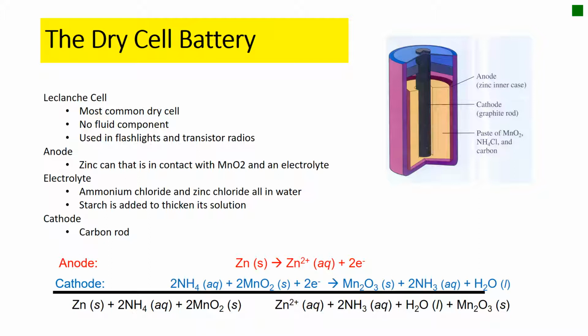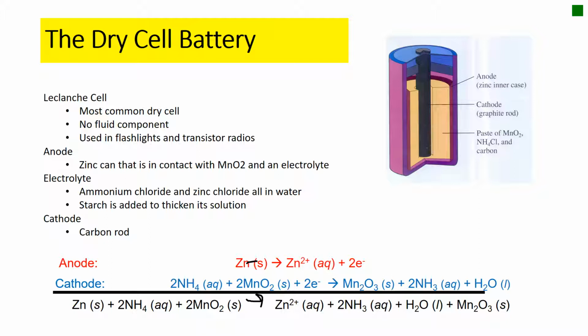We start off by seeing that we have zinc on the left but not on the right, so it goes at the bottom. Then 2 NH4 is on the left but not on the right, so it doesn't cancel. 2 manganese oxides, you have them on the left but not on the right, so they go at the bottom. Then you have a zinc on the right but not on the left, so it goes down.